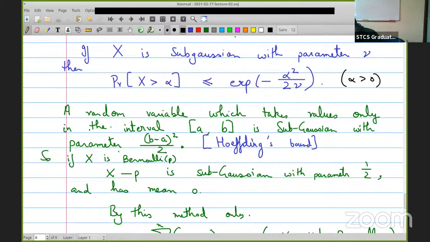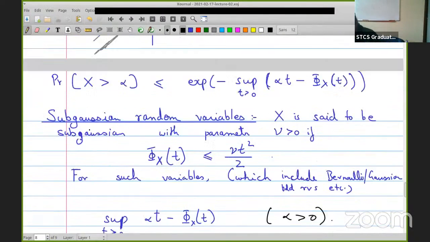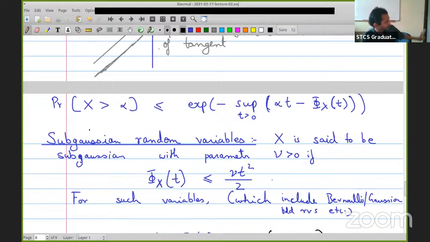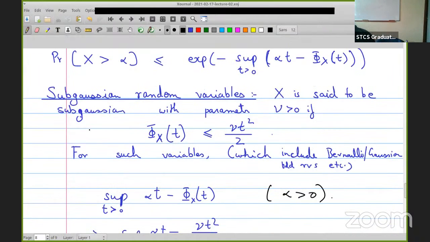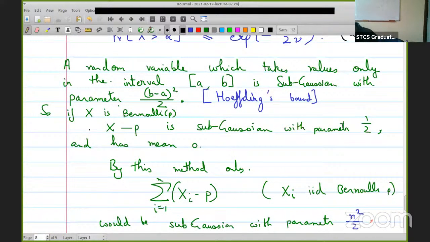Actually, I defined sub-Gaussian for arbitrary random variables, but usually what you do is you center the random variable first. So you take X minus the expectation, so that the mean is 0. That's just a technicality. We'll come to that later.